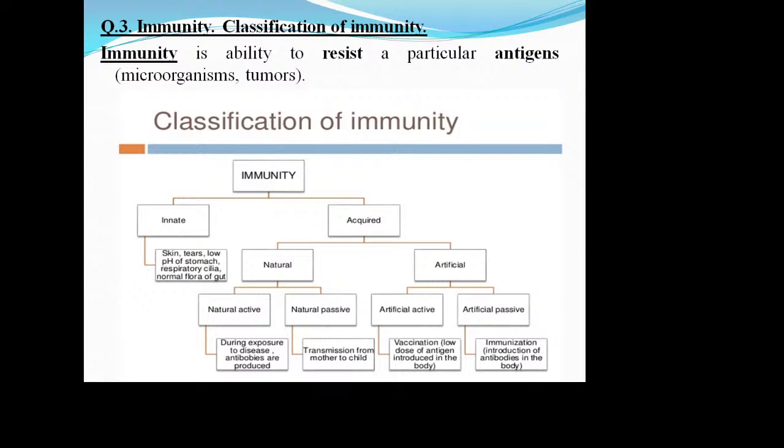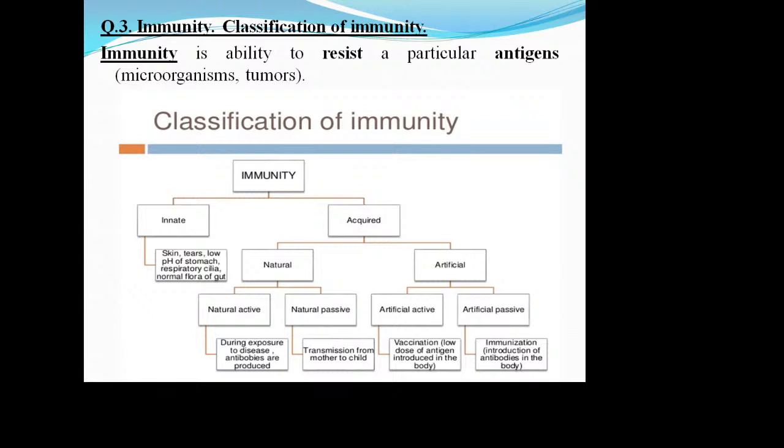Artificial active immunity develops over some weeks or months. For example, if we vaccinate the patient against tick-borne encephalitis, it produces immunity after 9 months. Or, for example, if we vaccinate the person against COVID-19, immunity is produced after 40 days.